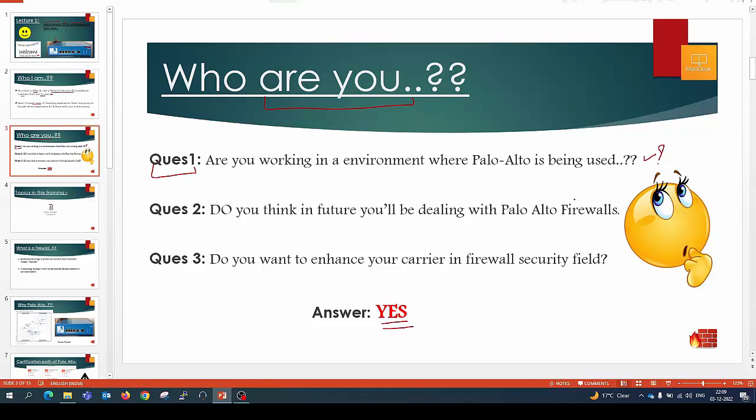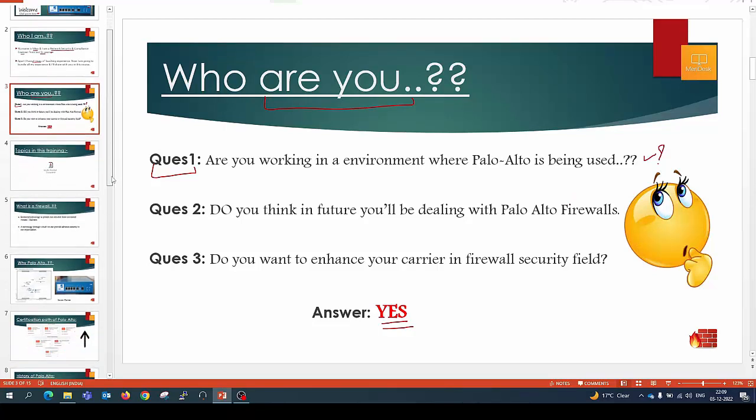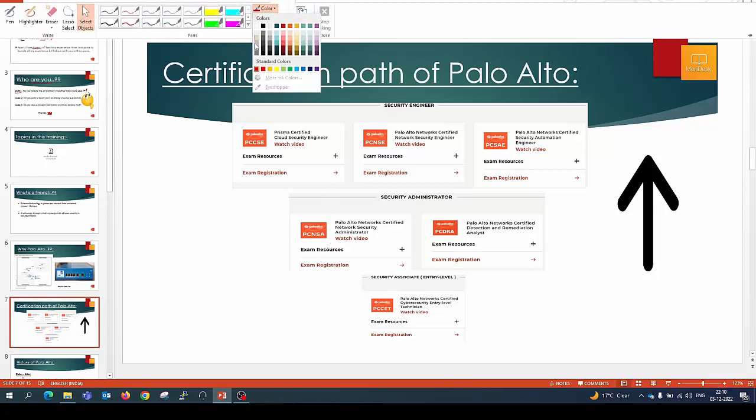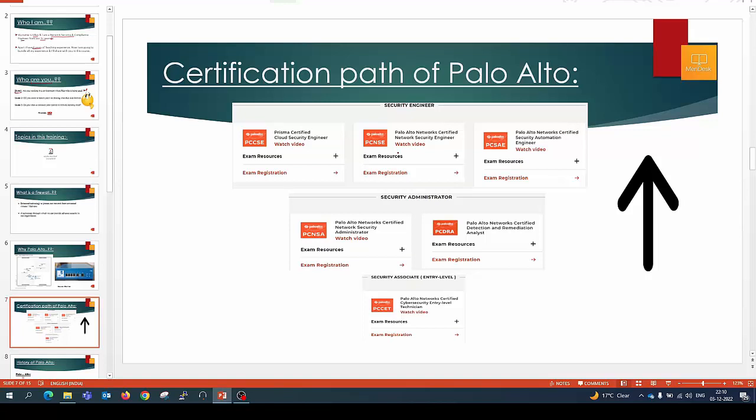Palo Alto. Okay. Now, before proceeding further, I want to discuss the certification path of Palo Alto, because you should know the technology you are going to learn and what sort of expertise you have to gain in that particular technology, and to get the expertise, how to proceed towards the certification.